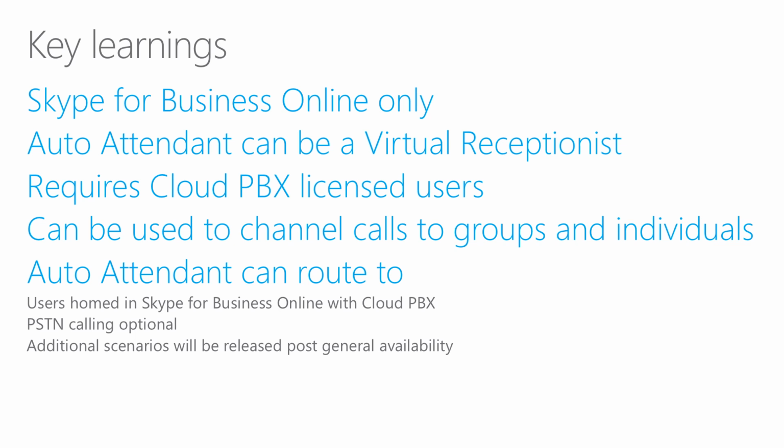For those people that want to be a target for the Cloud PBX auto attendant, it can be used to channel calls to groups and individuals. And the auto attendant can route to users homed in Skype for Business Online with the Cloud PBX license. PSTN calling license is optional, and additional scenarios will be released once we move further into our general availability.